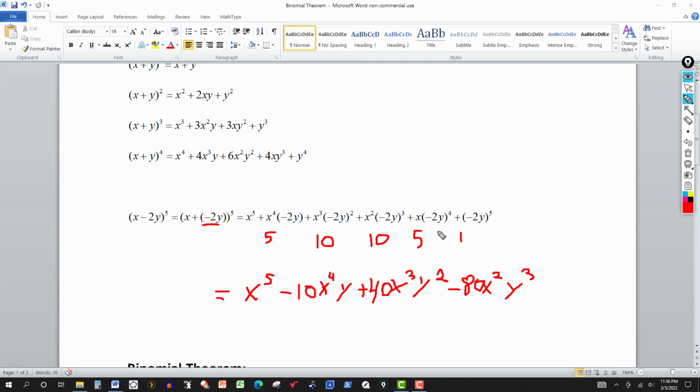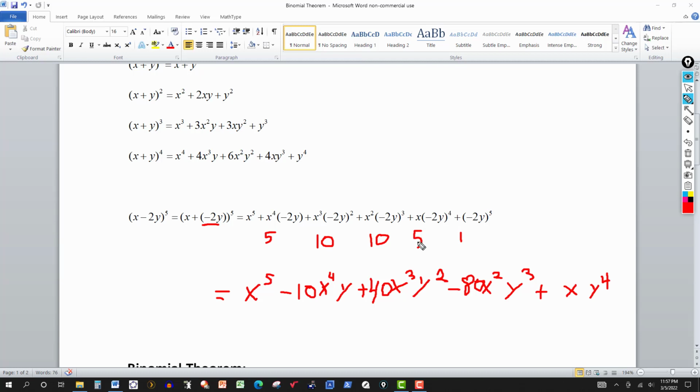And then we go to the next one. This will be a plus. This is going to be x, and then this is going to be to the fourth power, so the y will be to the fourth power. X y to the fourth, and then -2 to the fourth, that's a +16.